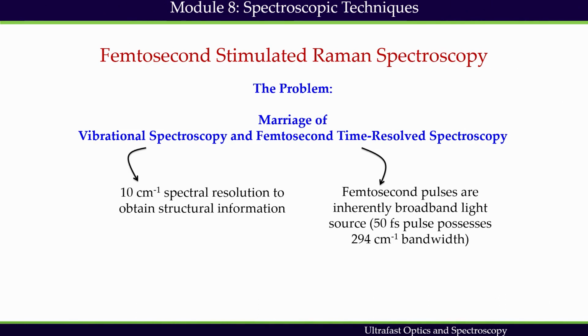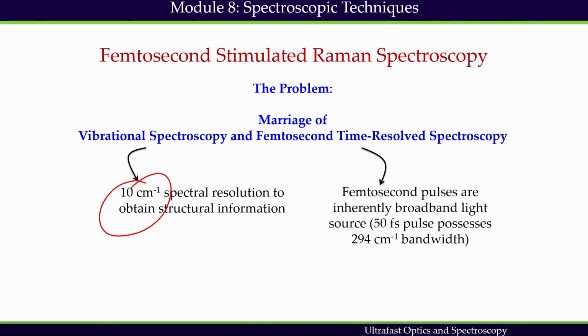However, marriage of vibrational spectroscopy with femtosecond time resolved spectroscopy poses a fundamental challenge originating from time energy uncertainty. One must achieve at least 10 wave number spectral resolution to obtain structural information using vibrational spectroscopy.